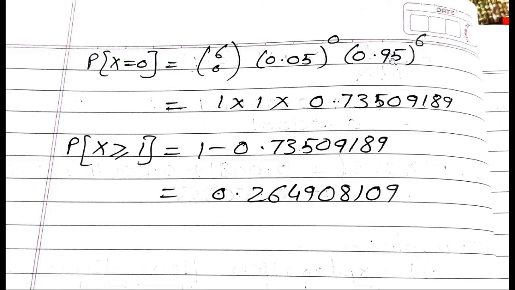So 0.95 raised to 6 the value becomes 0.73509189. But we want probability x greater than or equal to 1, which can be written as 1 minus 0.73509189. So the answer becomes 0.264908109.